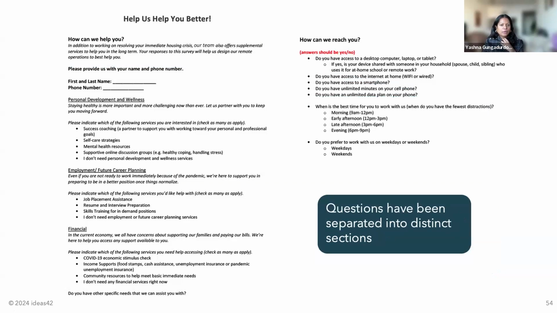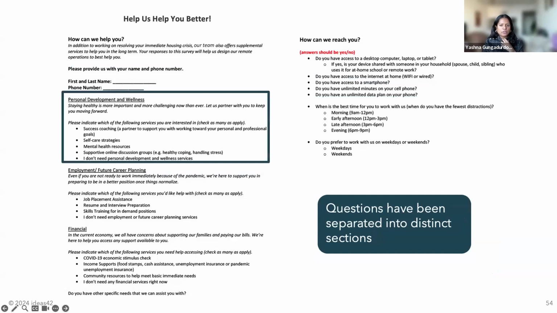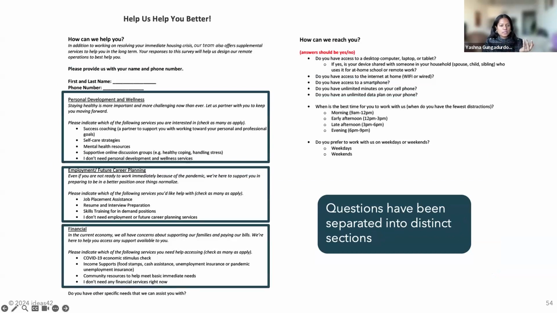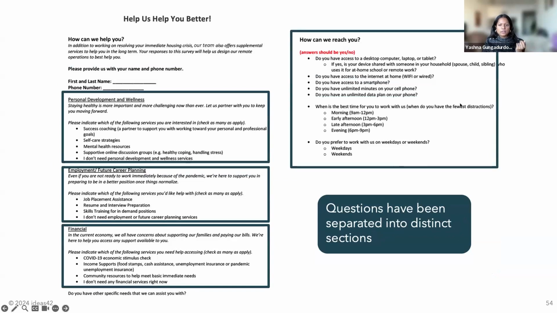And we also made sure that the questions were organized a bit better. We had three distinct sections on service preferences, where all questions gave respondents checkboxes to check off. Then we had one section that was only focused on contact information and preferences. And at the top of each of these sections, we had one short line that described why we were asking these questions.